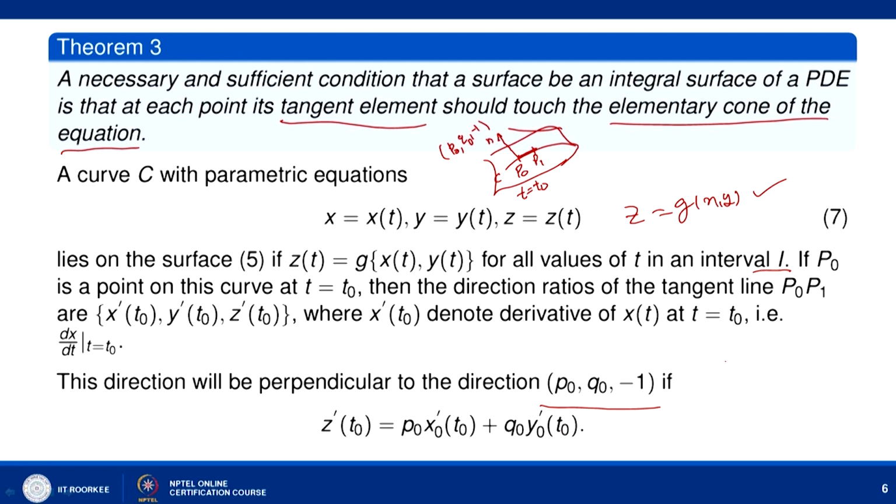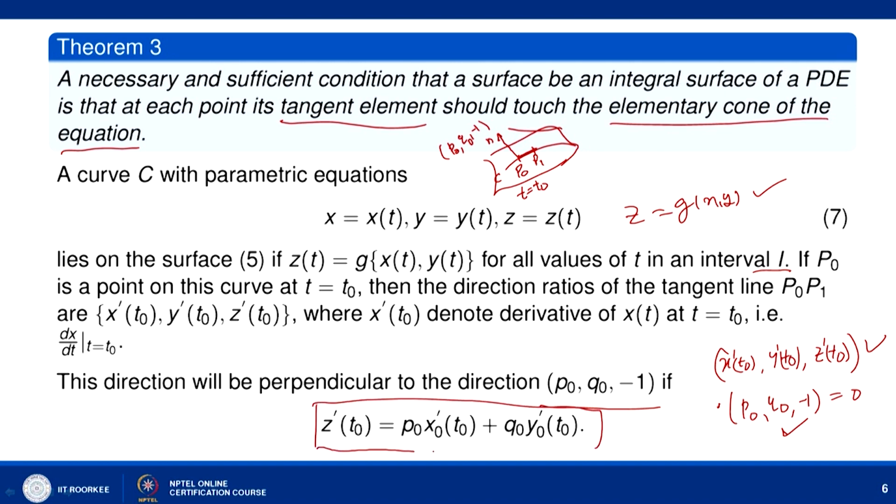So, here we have x dash t naught, y dash t naught, z dash t naught dot p naught, q naught and minus 1 has to be 0. So, it means that this direction and this direction have to be orthogonal to each other. So, the dot product has to be 0, and if you calculate the dot product we have this relation, that is z dash t naught equal to p naught x dash t naught plus q naught y dash t naught.